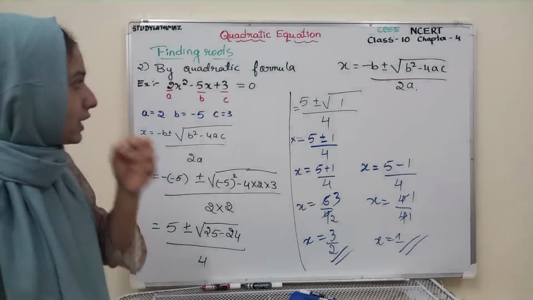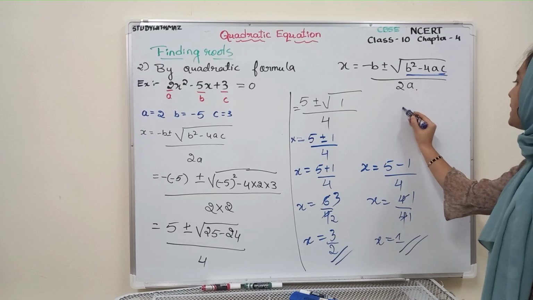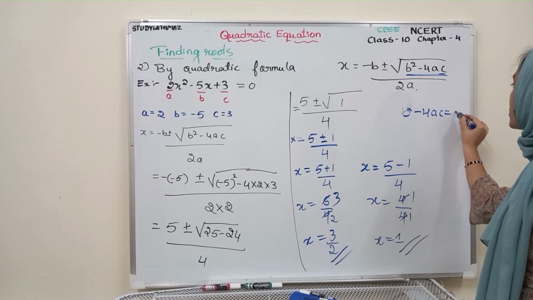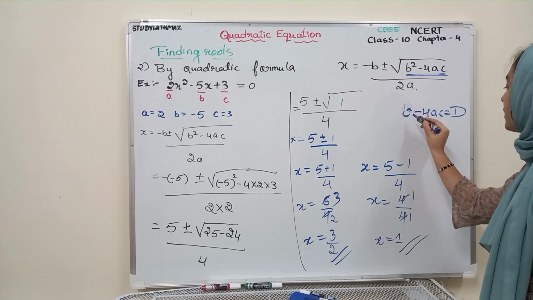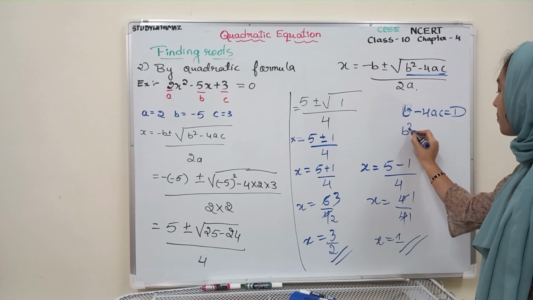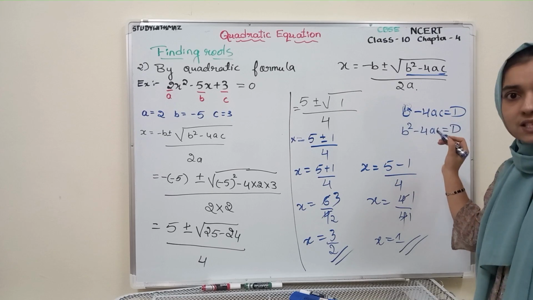One more thing I will tell you here. This term, b square minus 4ac, is known as discriminant. It is very important for your next topic. b square minus 4ac is equal to d. It is known as discriminant.